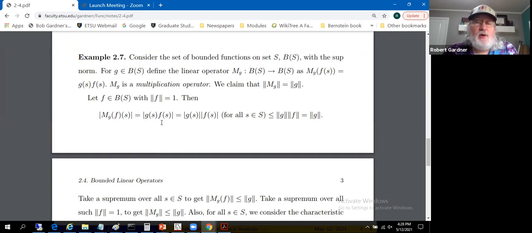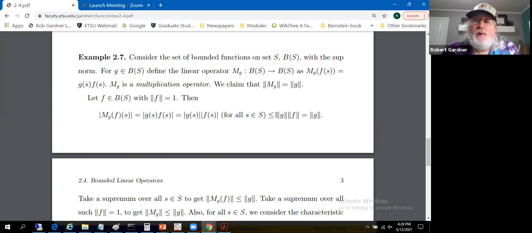Remember, F and G just take us into the real numbers, so absolute value is a thing to talk about there. The absolute value of the product is the product of the absolute values. This is true, just a little parenthetic comment, an inelegant place to put it, but this little equality holds for all lowercase s in set S, simply an absolute value property.